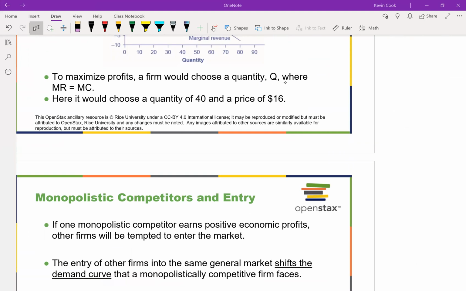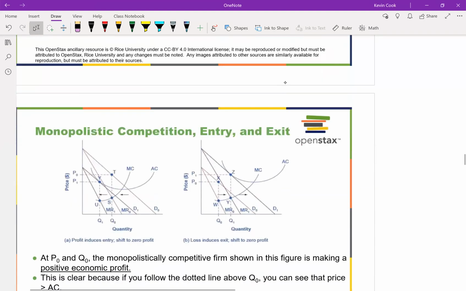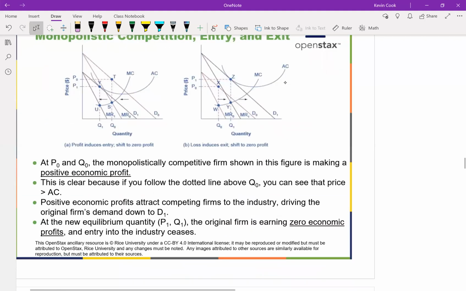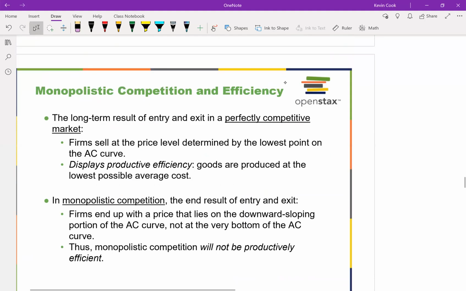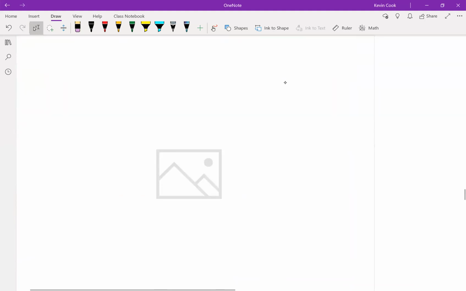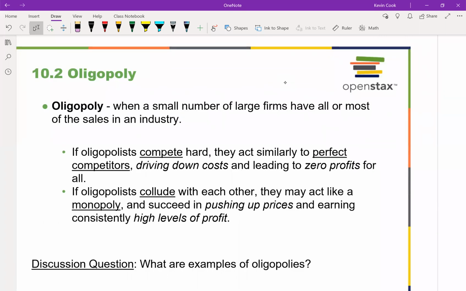Cool. So next we get into our oligopoly. And with our oligopoly, this is what I think is the fun part of this week. This is really one of my favorite parts of micro.